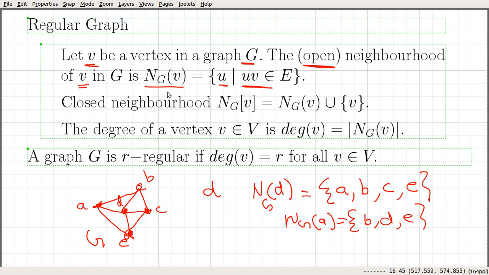Similarly, we can define what is called a closed neighborhood. A closed neighborhood is denoted like this: N sub G, within square brackets we put the vertex under consideration.